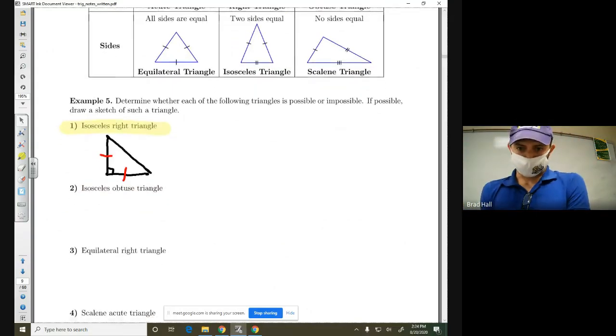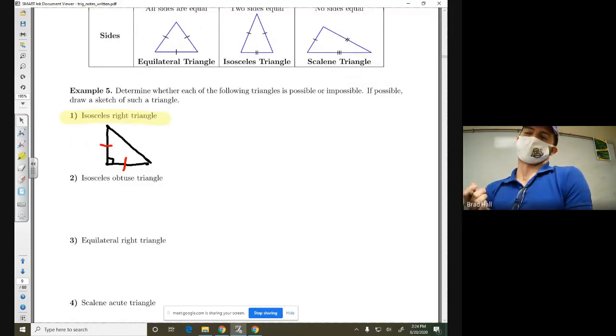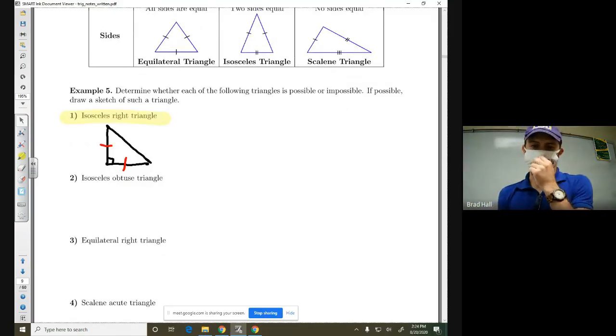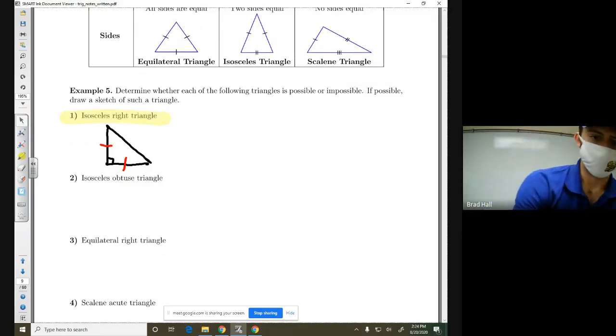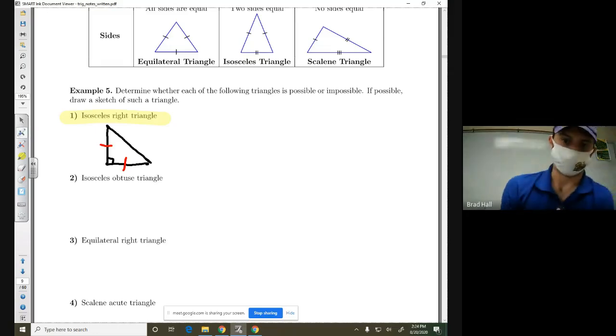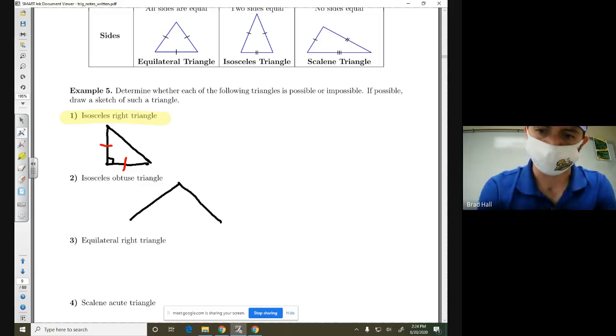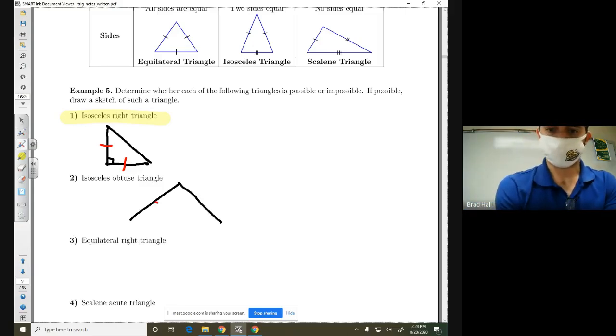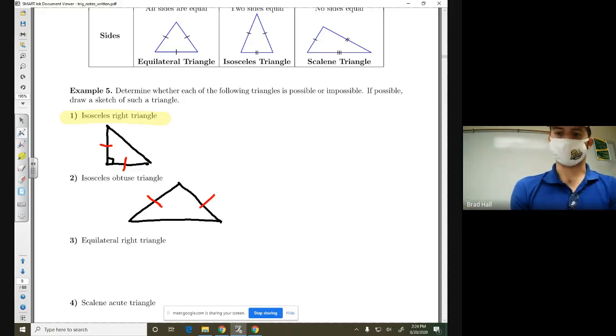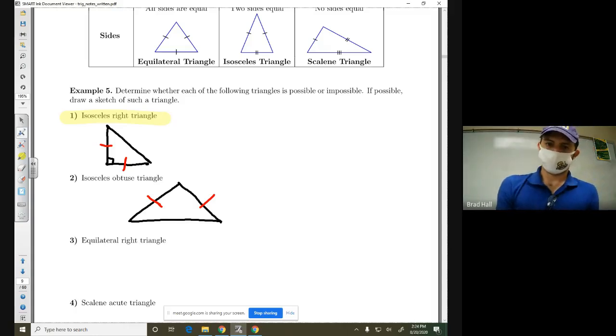What about an isosceles obtuse triangle? So not a right triangle, an obtuse triangle. The answer, yes. So we can make a really wide triangle, really wide, where these 2 segments are the same, and we just close it off, just like that. So that one can happen.